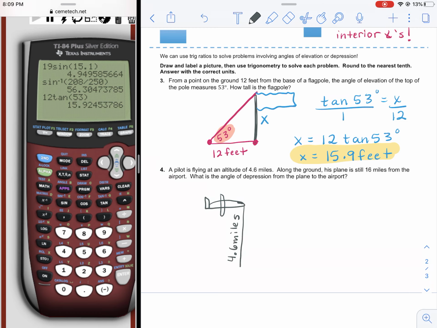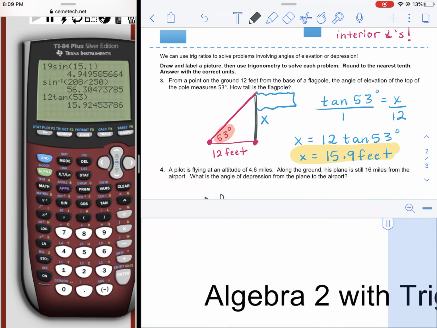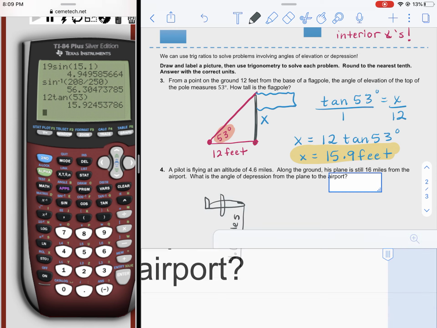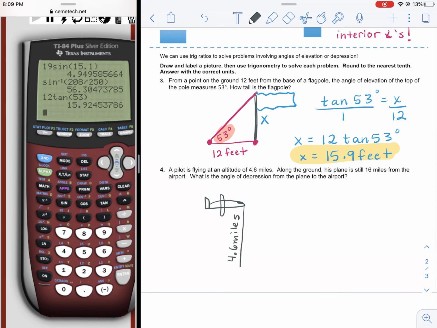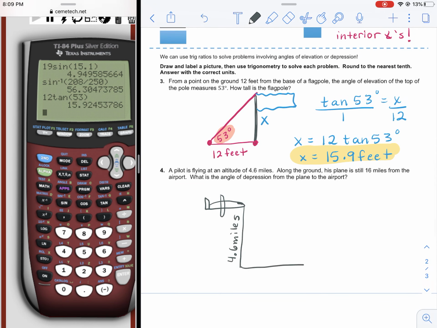All right, along the ground, his plane is still 16 miles from the airport. So let's assume the airport is 16 ground miles away. So this is the airport, and so he's still 16 miles away from the airport. Okay, what is the angle of depression from the plane to the airport?